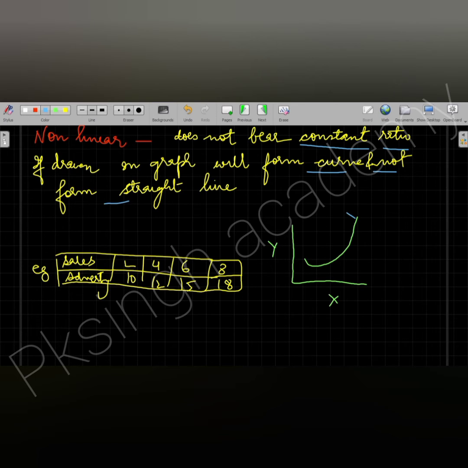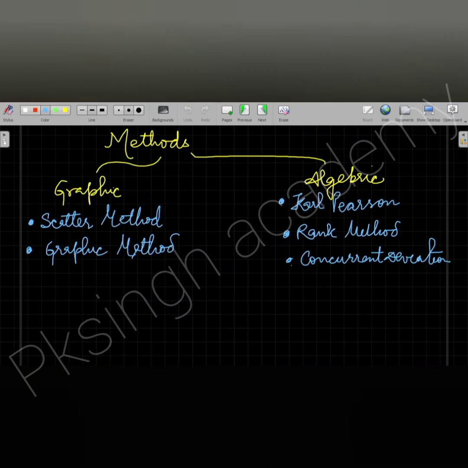The difference is 2, then 2, and here 2, but here the difference is 3, and here 3. So there is no constant ratio of increase. So this is non-linear, or curvilinear, correlation. Clear?